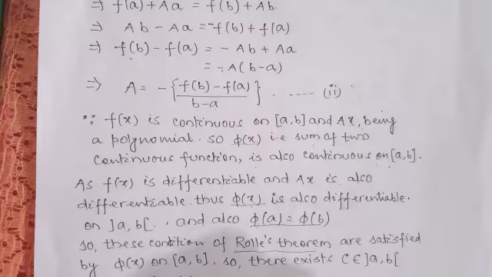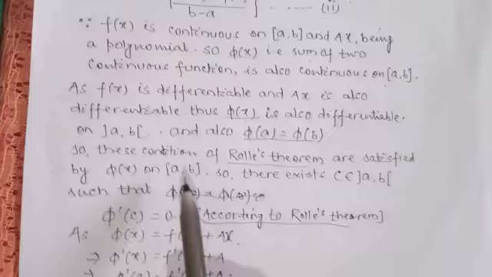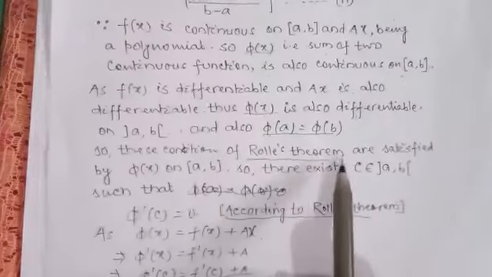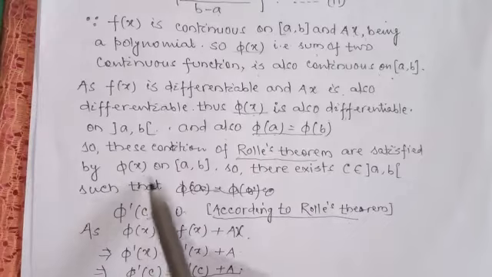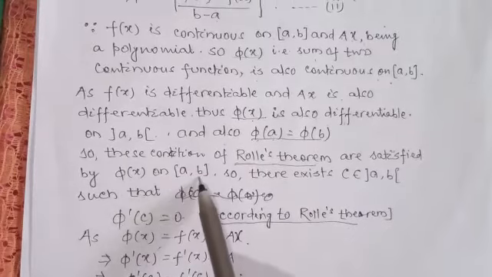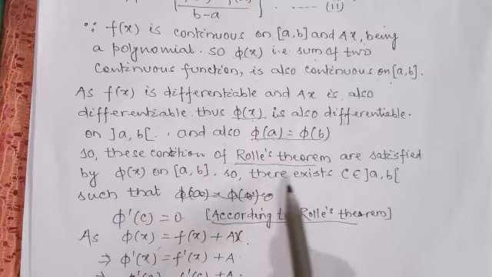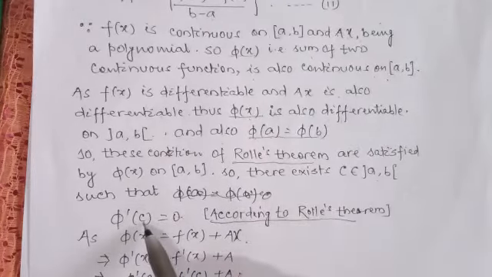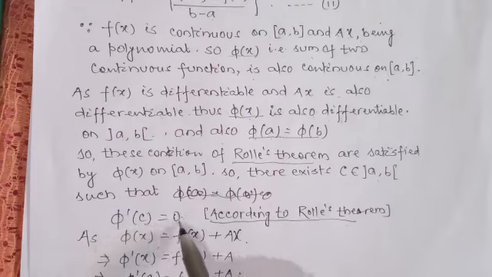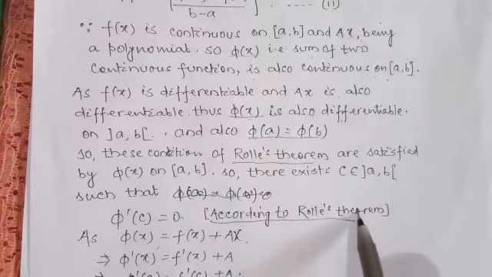So in this condition, the conditions of Rolle's theorem are satisfied by phi x in the interval ab. So according to Rolle's theorem, there exists c in the open interval ab such that phi dash c is equal to 0. You may write here, according to Rolle's theorem.